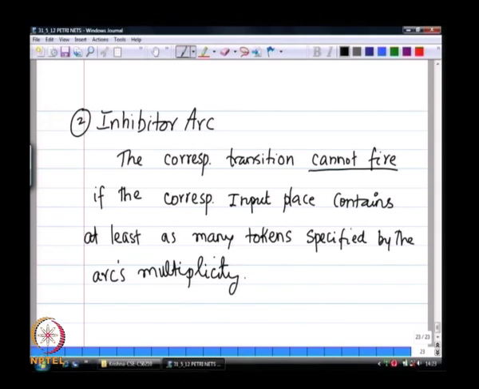So this means if I put 5 as the arc's value, then as long as the number of tokens is less than 5, I will fire the transition. At least one should be there, but if it is 5 or more, it cannot fire.